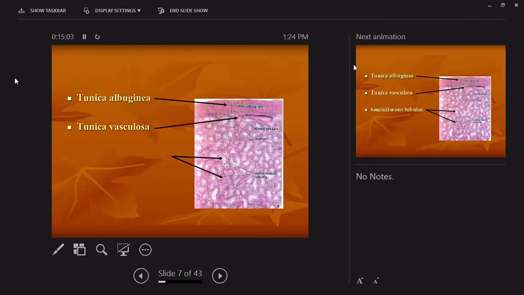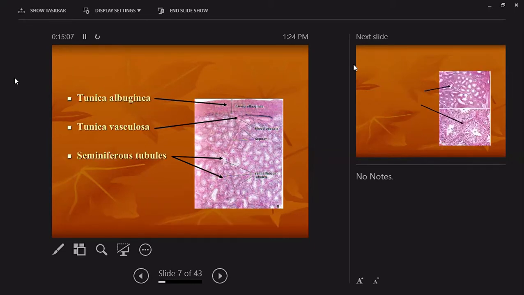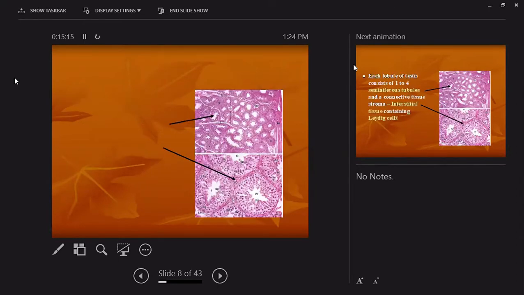And then you have your seminiferous tubules, where you will find the cells important in the development, in the spermatogenesis.